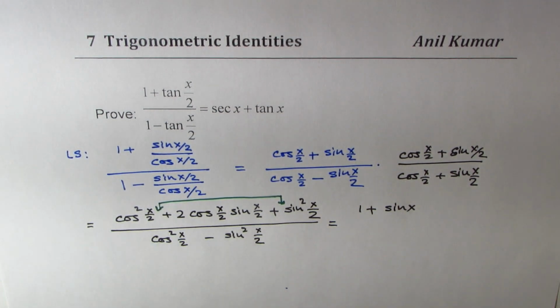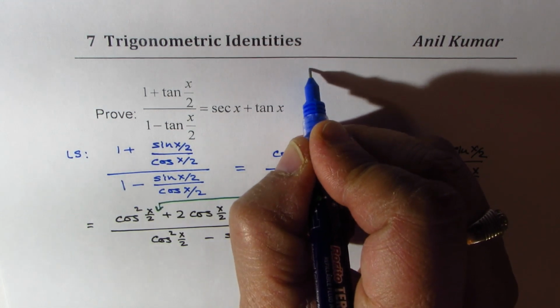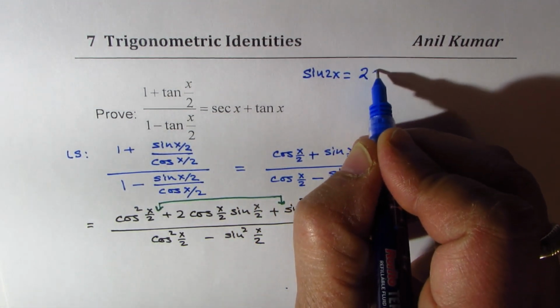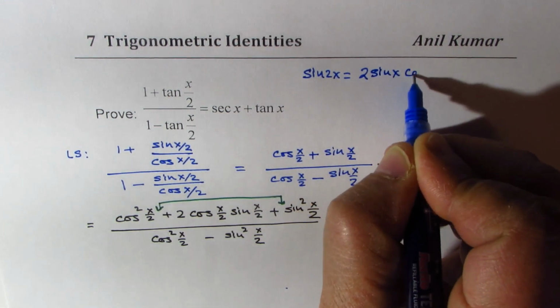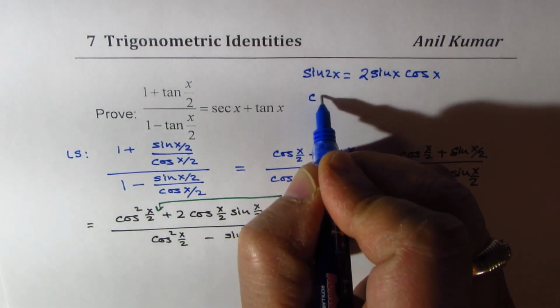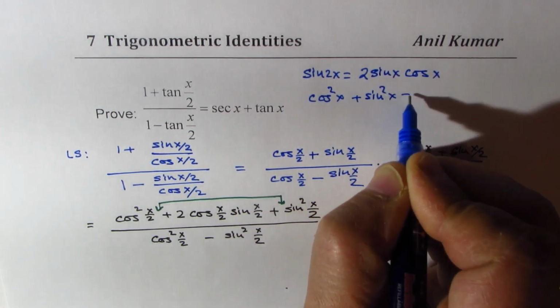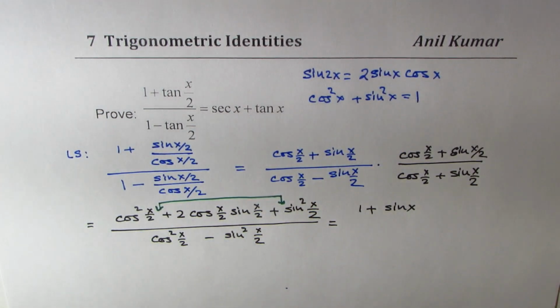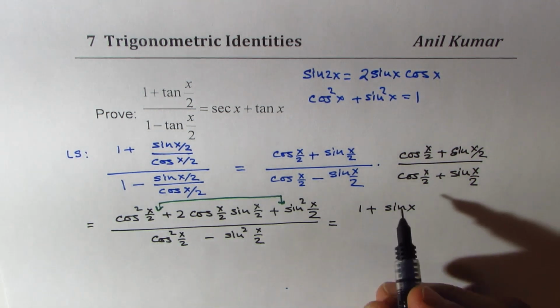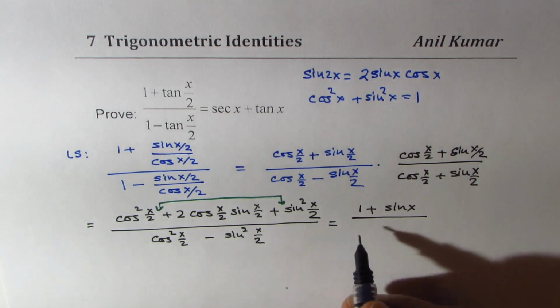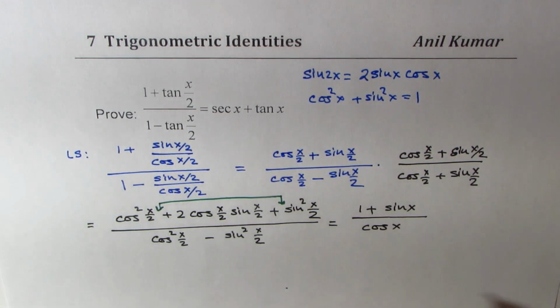So we applied the formula here, which is sine 2x equals 2 sine x cos x, right? And we have also applied cos square x plus sine square x equals 1. So we get numerator of 1 plus sine x, and in the denominator it is cos 2x, right? So which is cos of x.